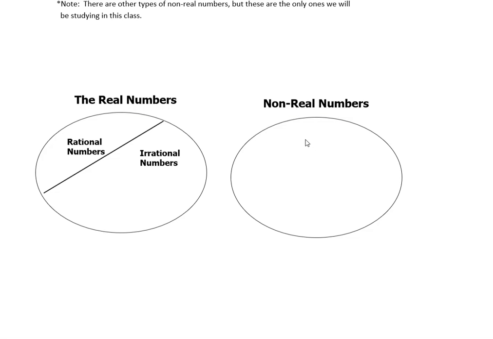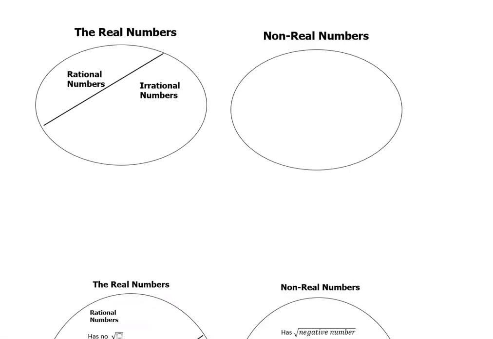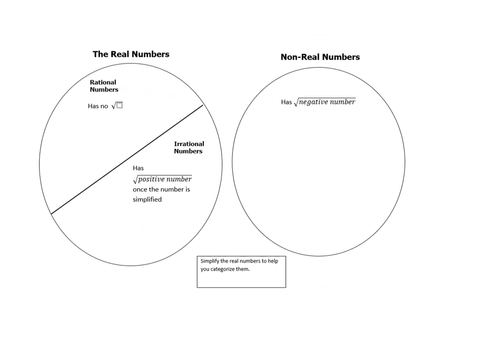There's a whole lot more non-real than there are real. And same thing with rational and irrational. There's a whole lot more irrational than there are rational numbers. But rational numbers and irrational numbers are both types of real numbers. We're going to see here in our next Venn diagram an example of how we can go about figuring out how to classify these numbers.